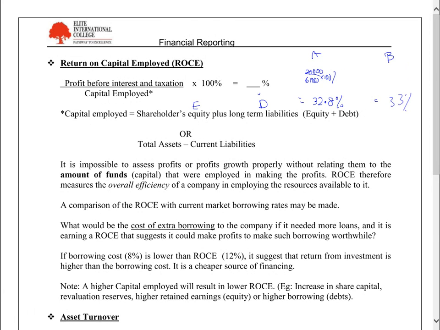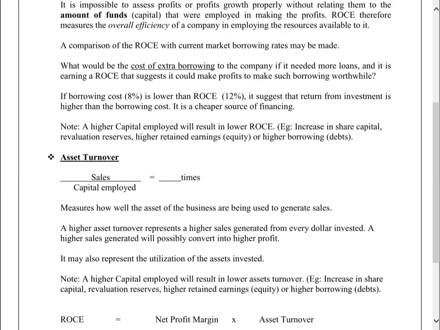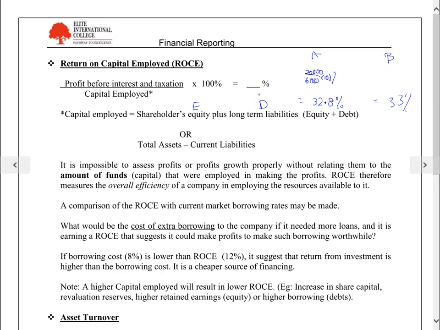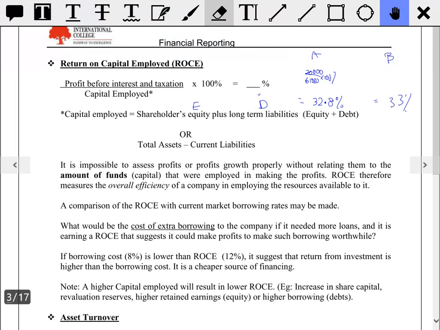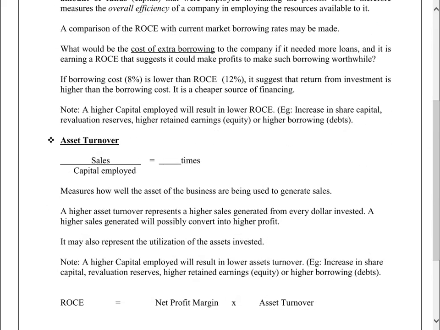Okay. Asset turnover. Sales divided by capital employed. The answer must be in times. Asset turnover is sales divided by capital employed.